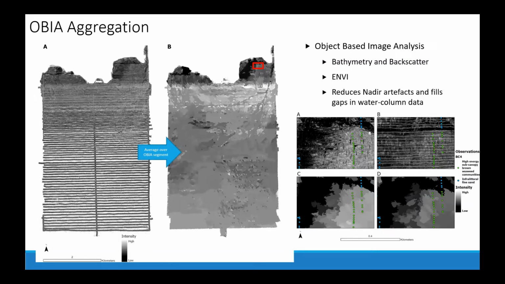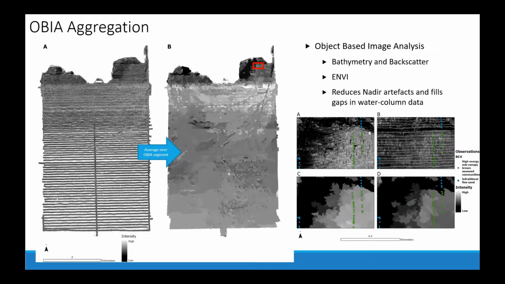And so I did that through object-based image segmentation. I ran a segmentation algorithm on the bathymetry and backscatter layers, took that segmented surface as polygons, and then aggregated the multibeam water column data set over that in order to get the continuous surface that you see on the right.